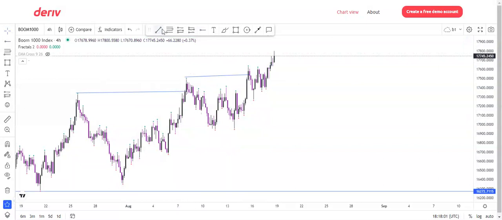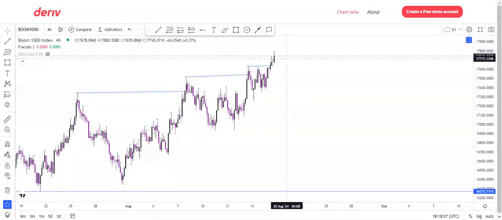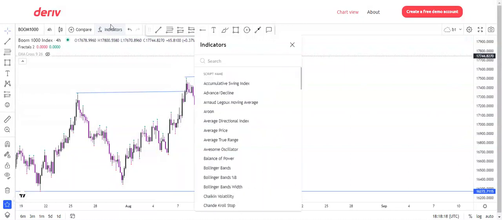That's a break of structure, another break of structure there. So still very much bullish unless we have a divergence. We can check it out.